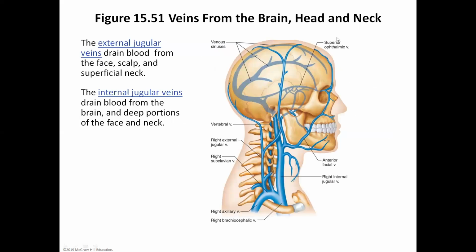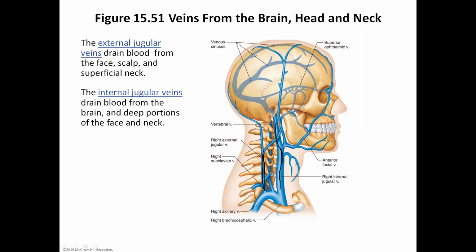So one common thing that you're going to see that's different is instead of having a carotid vein, we call it the jugular vein now. So there is a name change here that you're going to see. So there's a jugular vein, and there can be an external and an internal jugular vein. The external jugular vein, like what we see here, is going to drain blood from the scalp and the face and the more superficial aspects, versus this internal jugular vein.